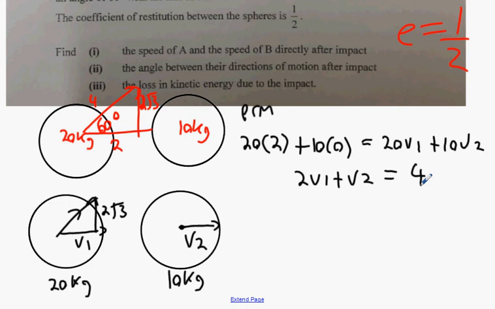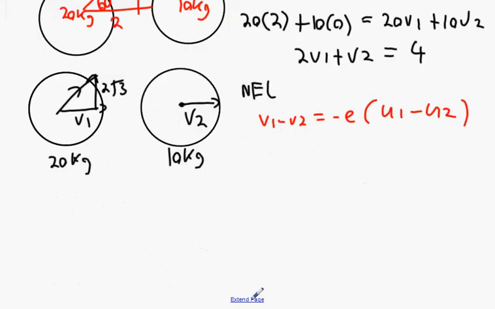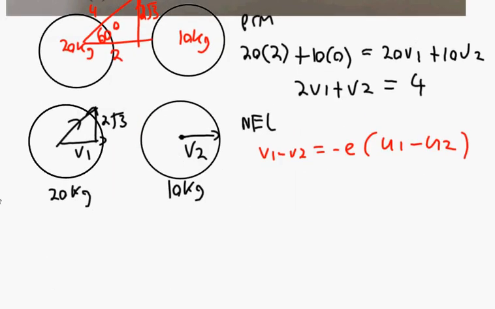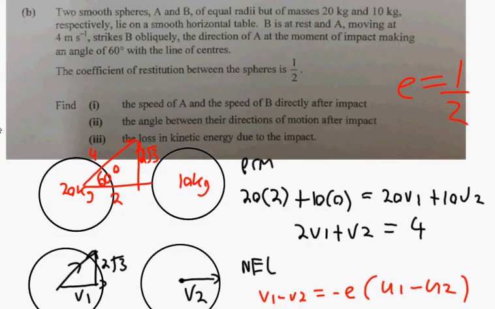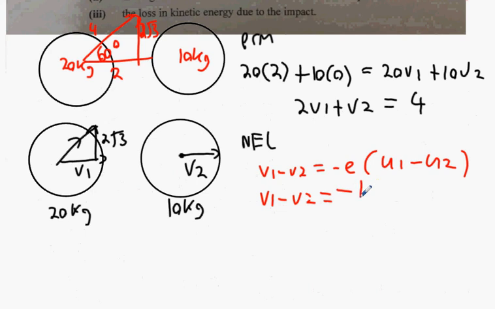Now you have NEL, Newton's experimental law. V1 minus V2 equals minus E into U1 minus U2. Everybody cool with that? Now, next is V1 minus V2, so that stays the same. The E value was a half, wasn't it? Half. And our U1 minus our U2? 2 minus what? 0.